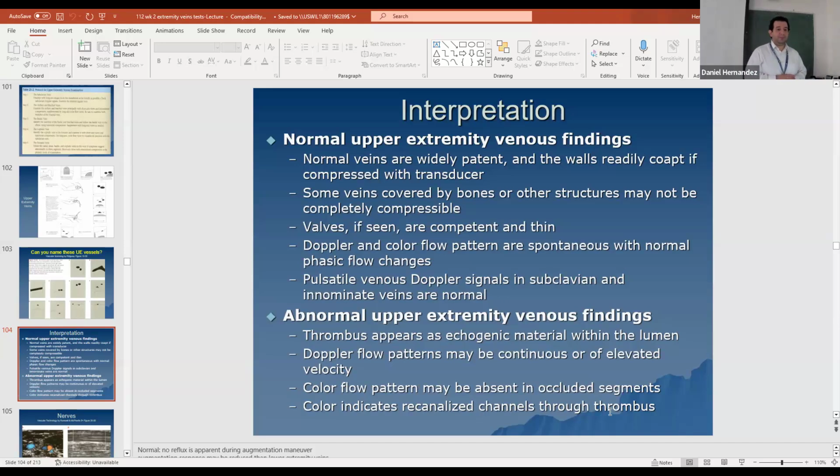Color flow patterns may be absent if the vessel is completely occluded or thrombosed. Color may also indicate recanalization of thrombus, recanalization of vessels where there's been previous thrombus. So we can again use that color flow to help us evaluate for thrombus.